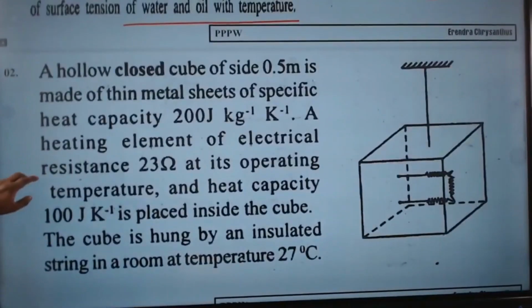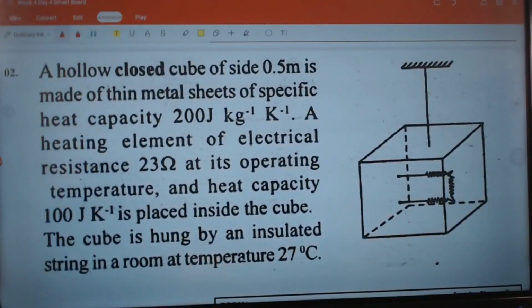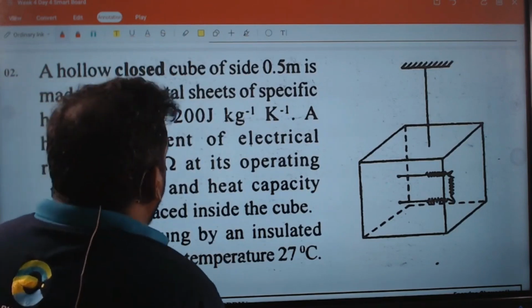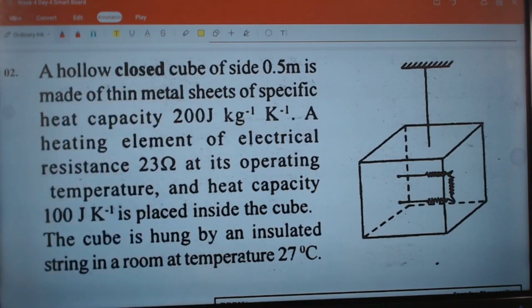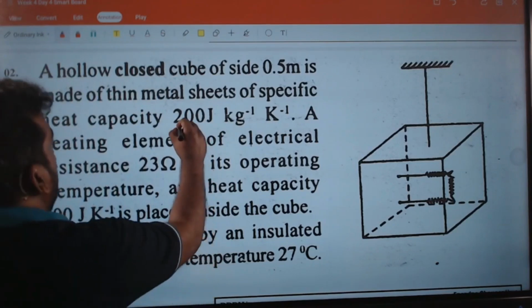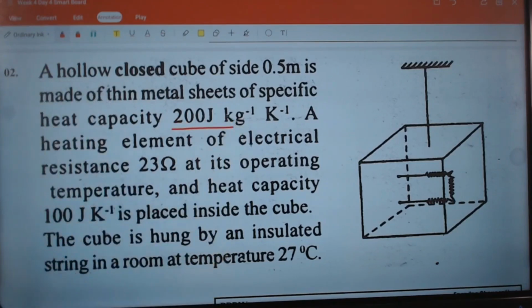Next is the thermal essay question in the 2003 paper. A hollow closed cube of side 0.5 meter is made up of a thin metal sheet of specific heat capacity 200 joules per kilogram per Kelvin.